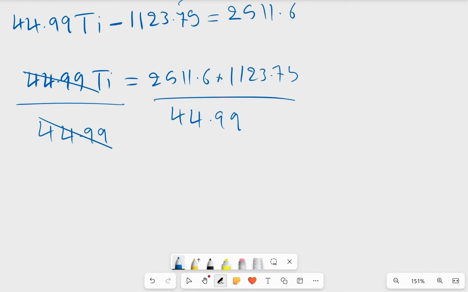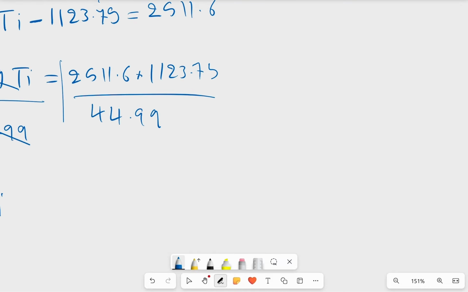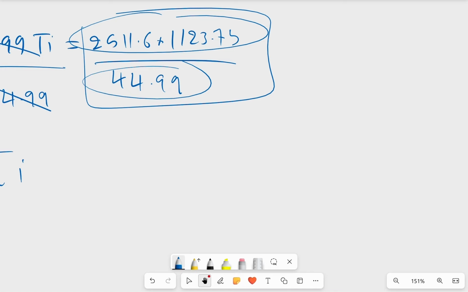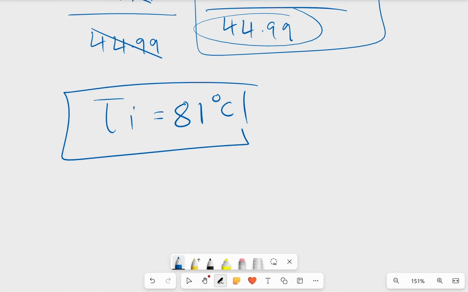Okay, cancels and cancels. T initial, calculate this number, add these two and divide it by 44.99. You should get 81 Celsius. Okay, this is the final result. This is the T initial of the metal. So the metal had 81 Celsius.